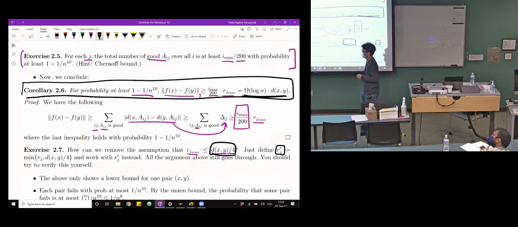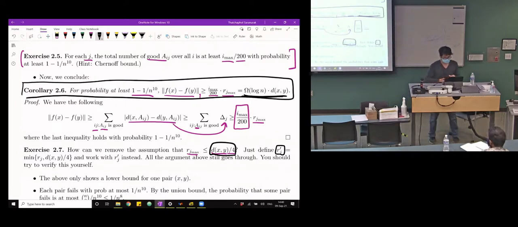I think the probability is small, but I think it's not the same as the probability in exercise 215. I see, because A_ij is the same for all x, y. It is not. This is just for a fixed x and y.